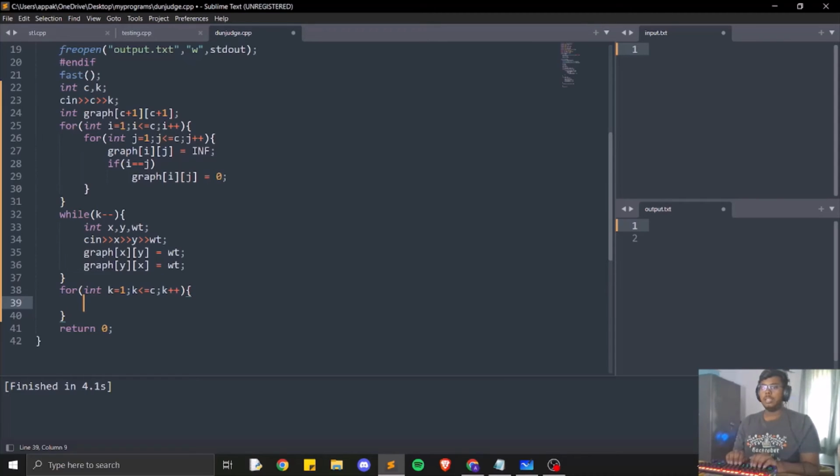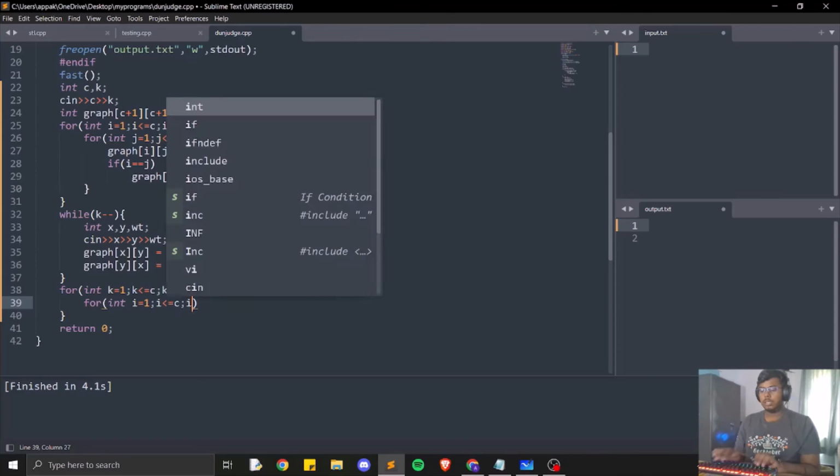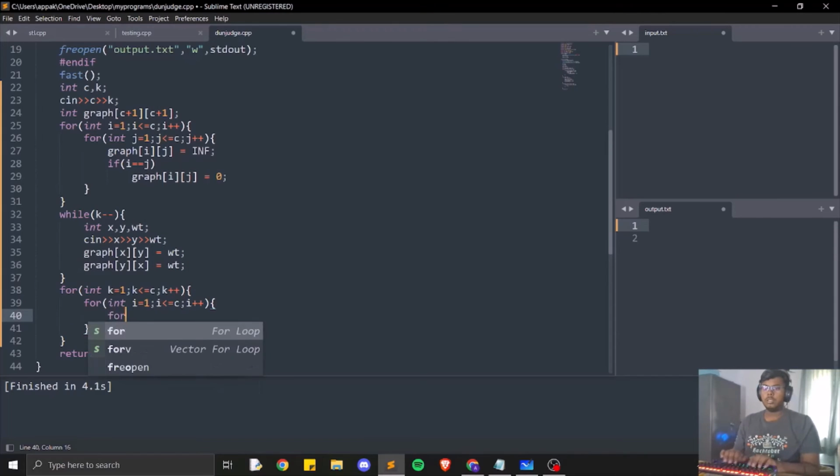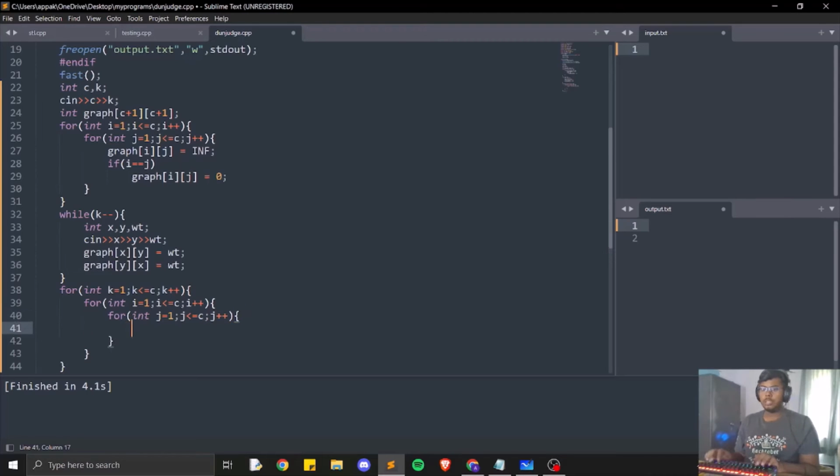The second and third nested loops will be for the graph: for int i equals 1, i is smaller than or equal to c, i plus plus, and for int j equals 1, j is smaller than or equal to c, and j plus plus. So basically here k refers to the number of nodes we can use to move along the shortest path, and i and j refer to the nodes of the graph.